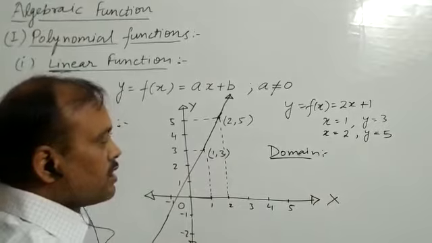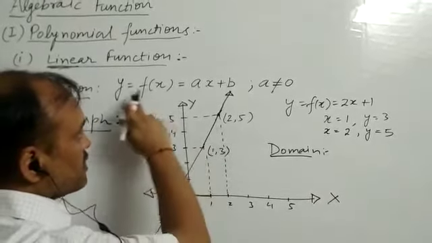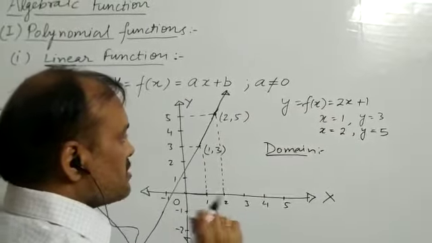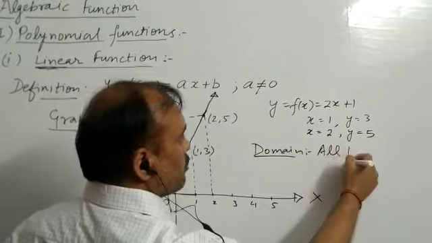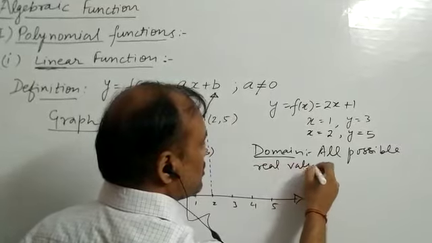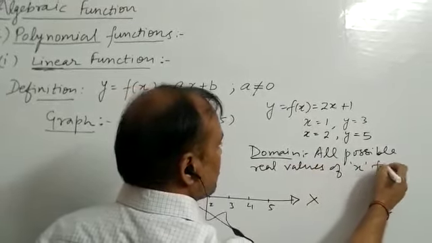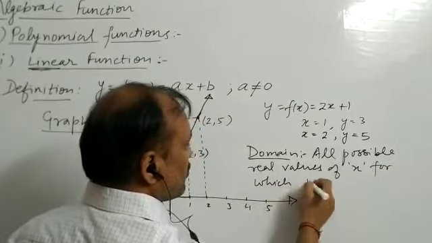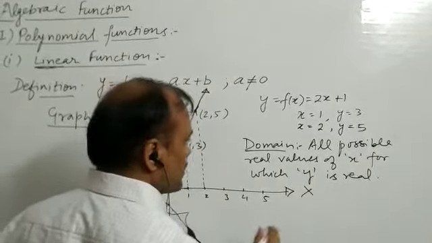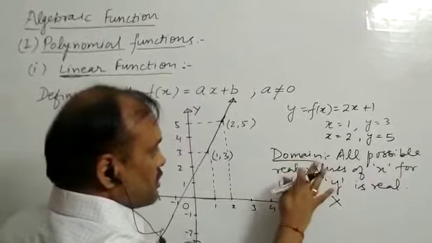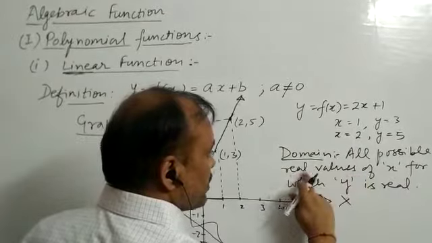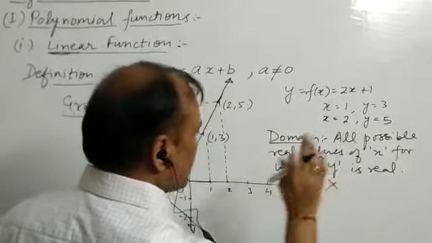When we say find the domain of this function, the linear function, this means all possible real values of x for which y is real, meaning y is a real number. This is what we are going to work out. Finding the domain of a function means finding all possible real values of x for which y is real.